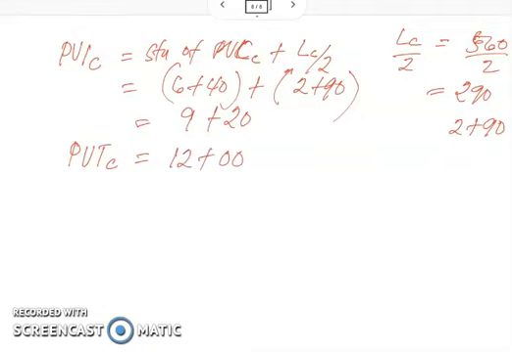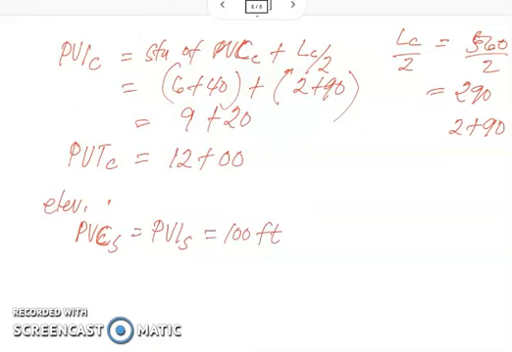So therefore, for the elevations, the elevation of PVC for the sag vertical curve is actually the elevation for PVI for the sag vertical curve, and that is actually equal to 100 feet.